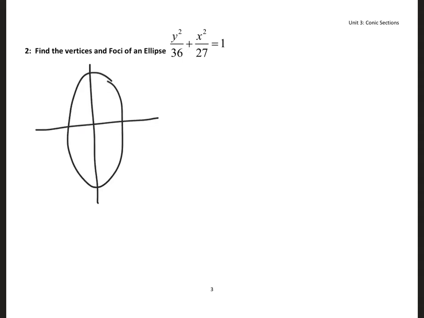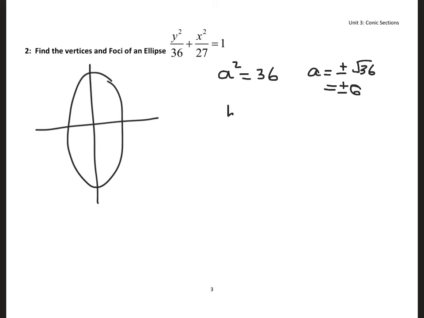Find the vertices and focus of this one. See, this one is going to open along the y-axis like that. So we come back to this one. That means a squared is equal to 36, so a is equal to plus or minus square root of 36, which is plus or minus 6.